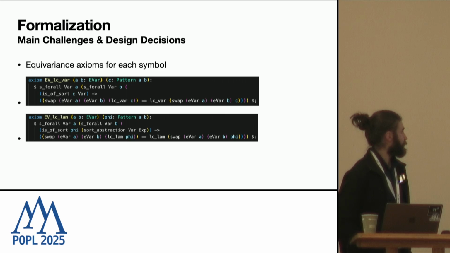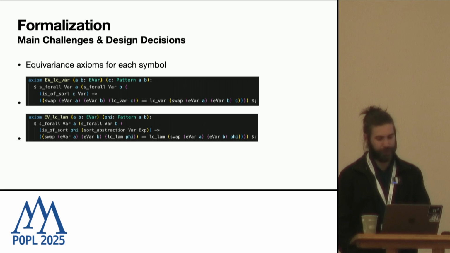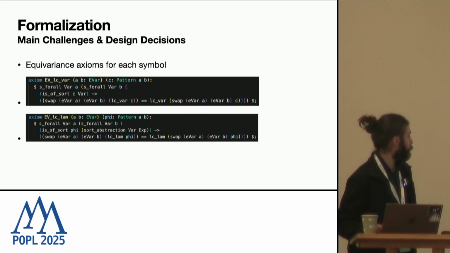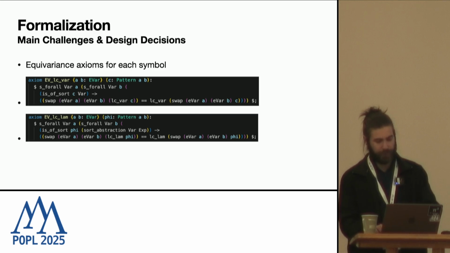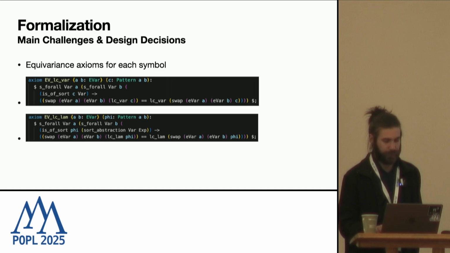Whenever we add a symbol, we also add an axiom that says that the swap operation can be propagated through the symbol. We have one for variables. We have one for lambda abstractions. And if you look at the last line of these snippets of code, you can see that there's nothing particularly interesting going on. But we need these axioms.